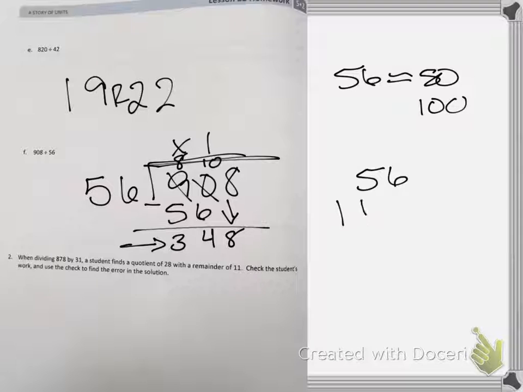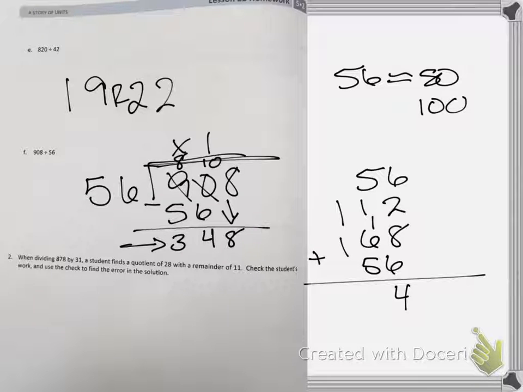They would get 112, 100, let's see, 68. And then they would get to something like this, and they'll try to add it, but they'll get confused while adding it. So they'll say, okay, 56 plus 168, 6 plus 8 is 14, carry the 1.